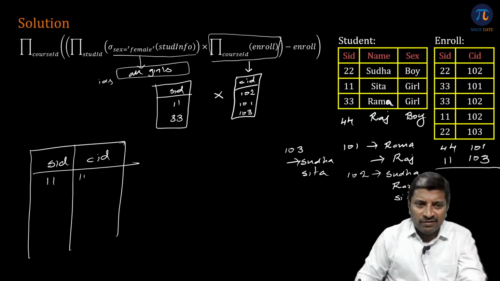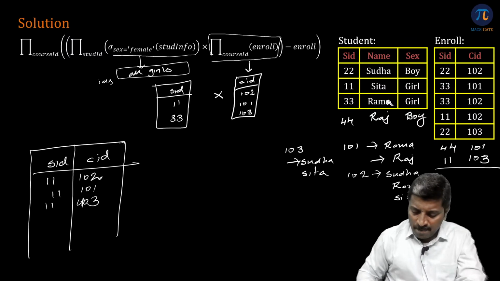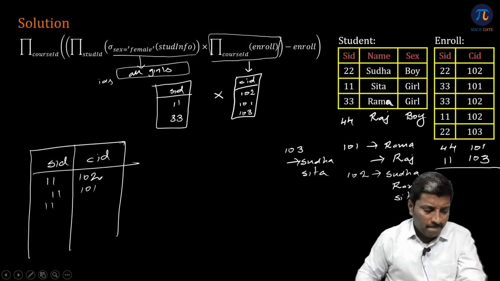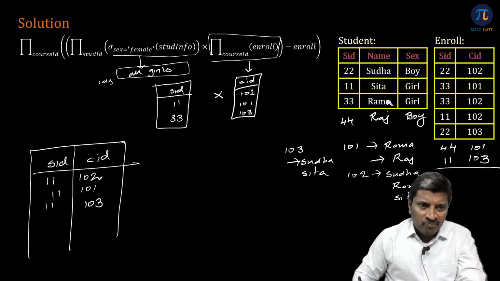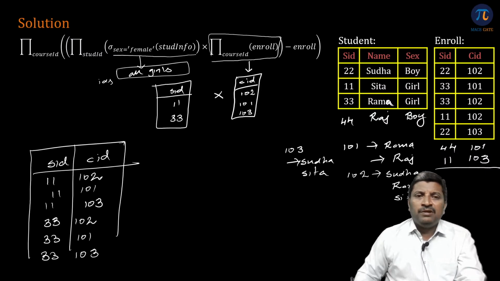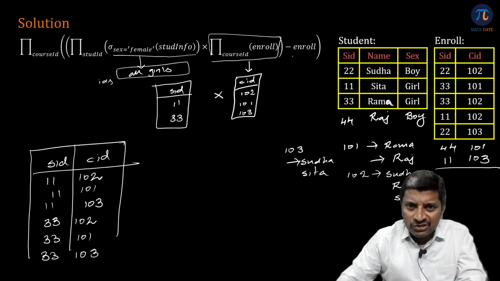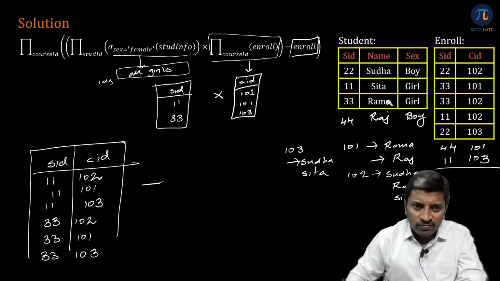The first one 11, 102, 11, 101, 11, 103. Then 33, 102, 33, 101, 33, 103. Fine. Done it. Then from this, I need to subtract enroll.